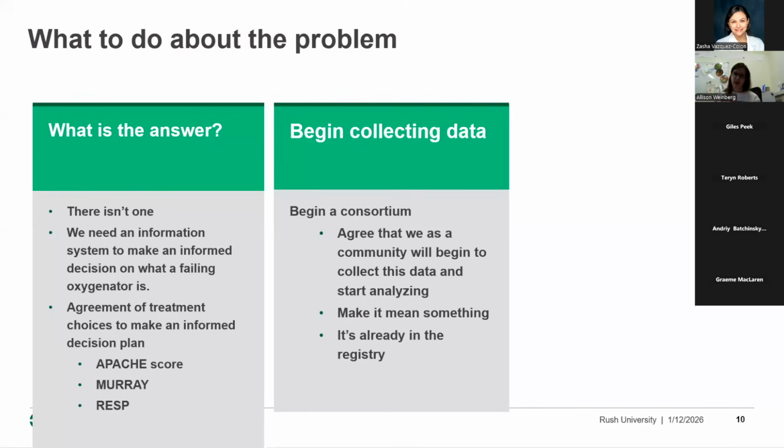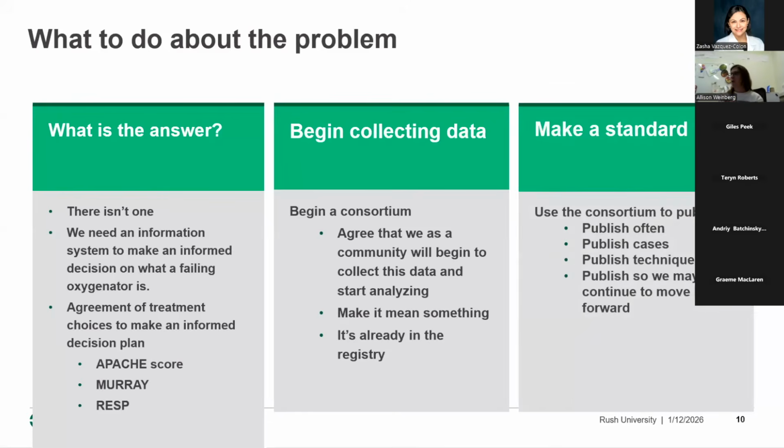But more importantly, it's already in the registry for us, and we can make a standard. We can use this consortium to publish. And we can publish often, we can publish cases, we can publish techniques. We can publish so we may continue to move ECMO forward the way Dr. Bartlett intended to do, so we may continue to honor him.